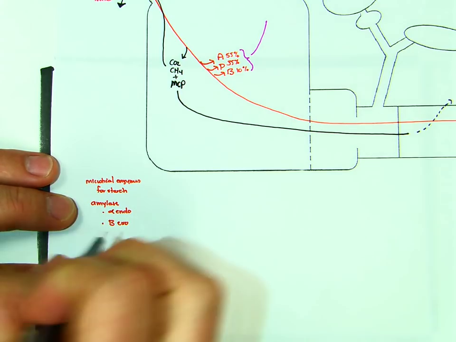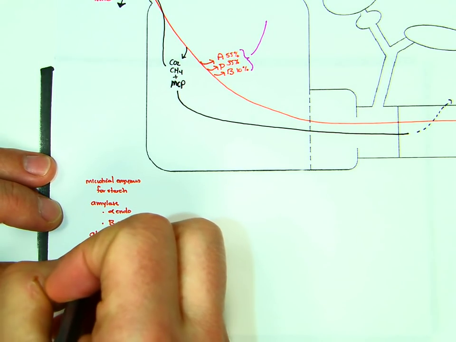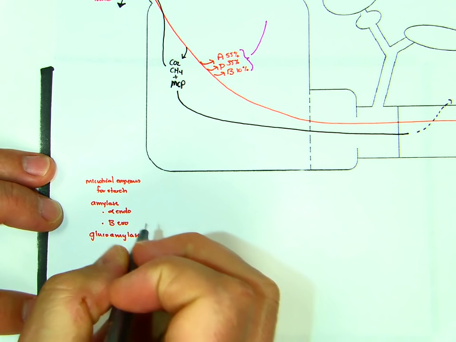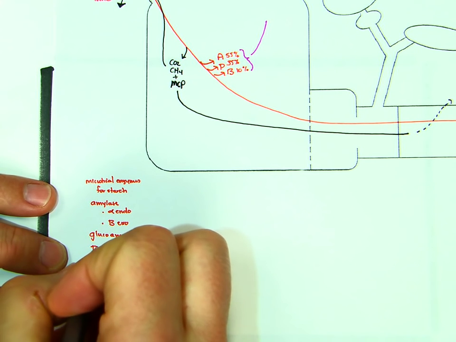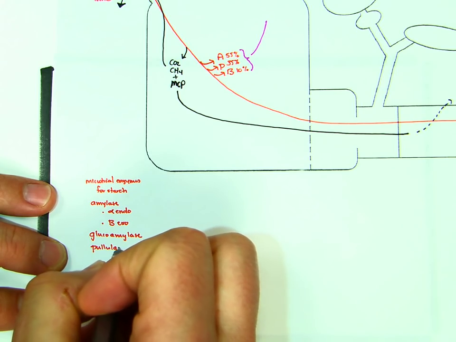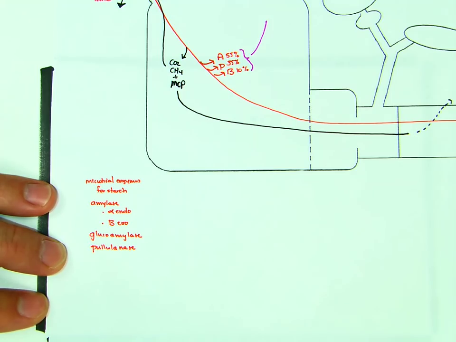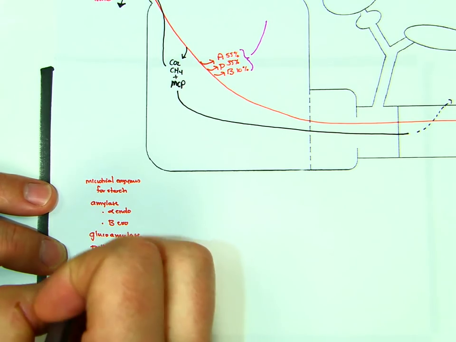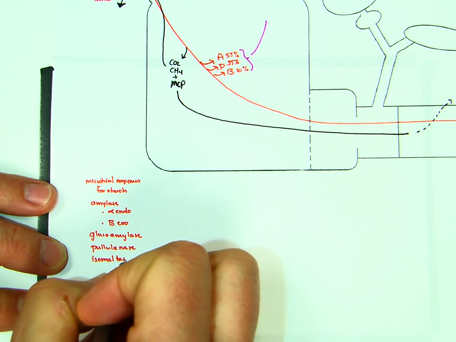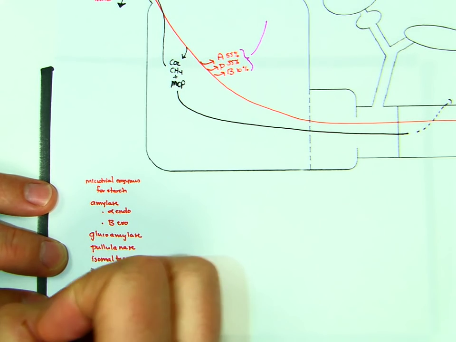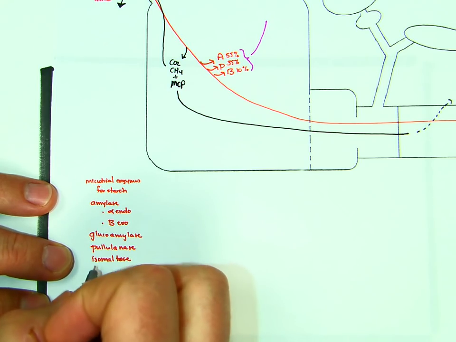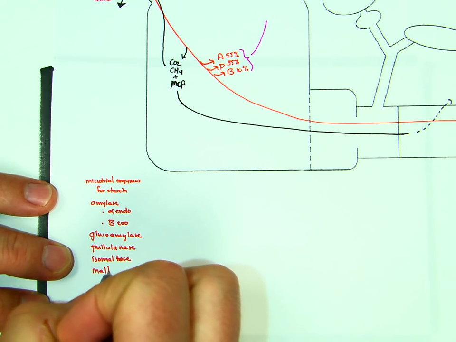After amylase, we have glucoamylase, pullulanase, which is a debranching enzyme, so it breaks the 1,6 bonds. We have isomaltase, which also breaks the alpha 1,6 bonds. And then we have maltase.